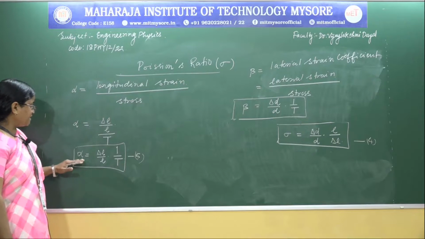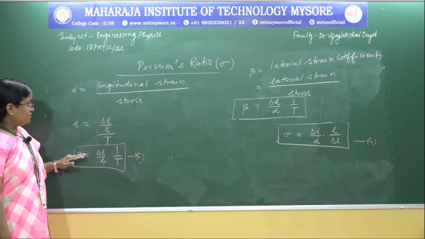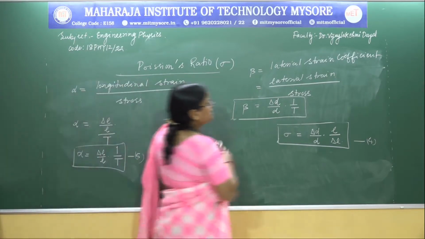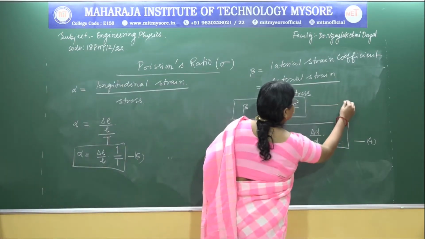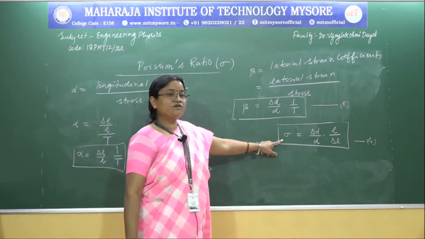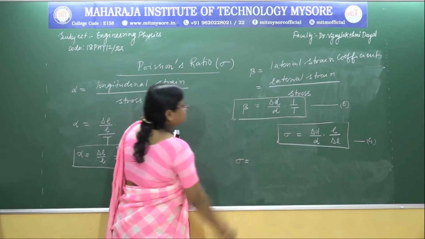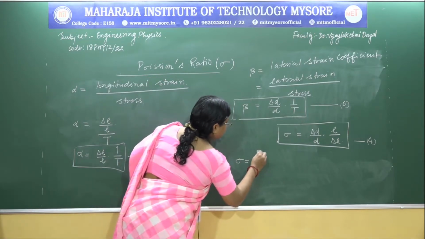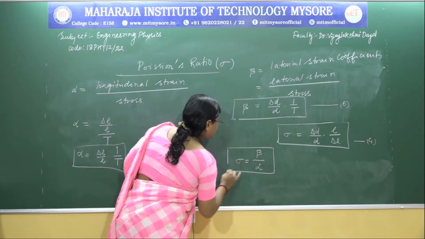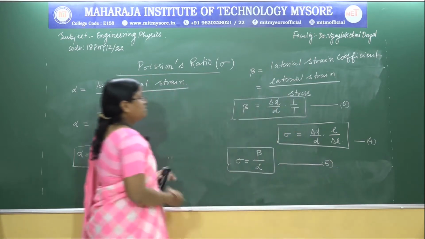So this equation of longitudinal strain coefficient and lateral strain coefficient, if we compare with equation 4, we get sigma equal to beta by alpha.